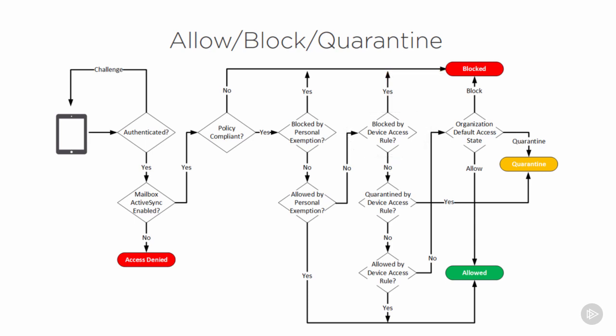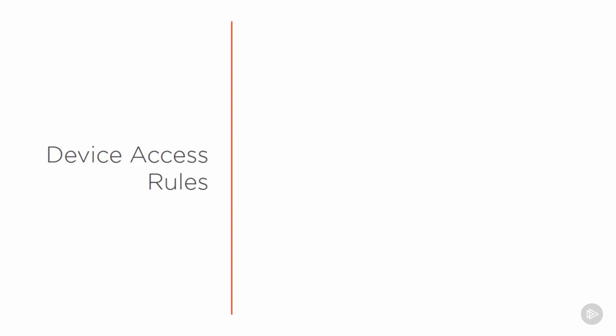Otherwise, we move on to checking for any rules that quarantine the device. That may put the device straight into a state of quarantine, but if there's no rules that are quarantining the device, it then moves on and checks to see if there are any rules that would allow that particular device. If there are, then the device goes straight to an allowed state, or if not, it moves on through the ABQ workflow to the next step.